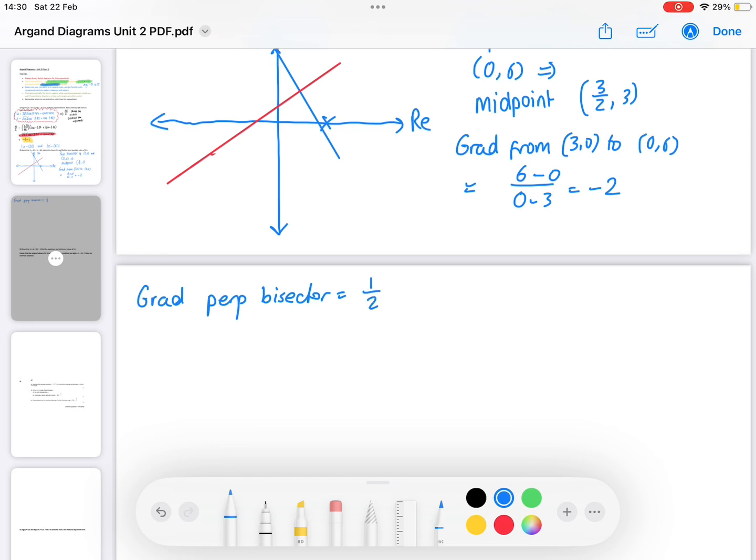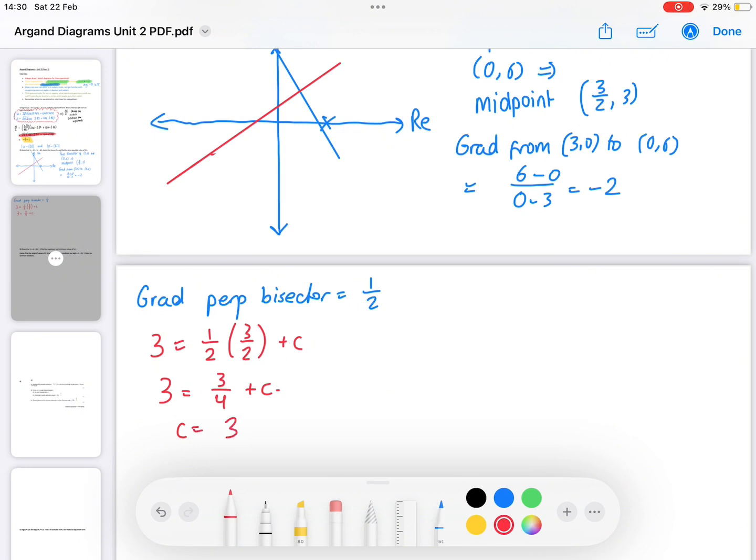And we know the midpoint, so we know a point it passes through. And if we know the gradient and a point on a line, we can find the equation of the line. So 3 equals 1/2 times 3 over 2 plus c. So 3 equals 3/4 plus c.